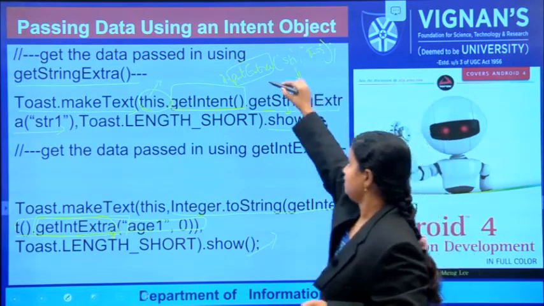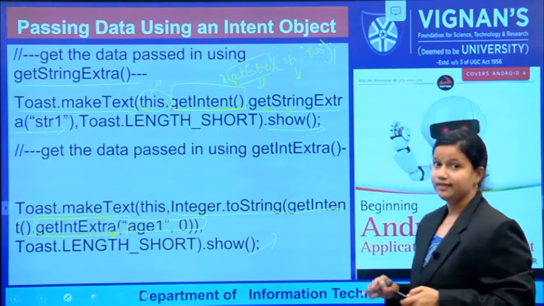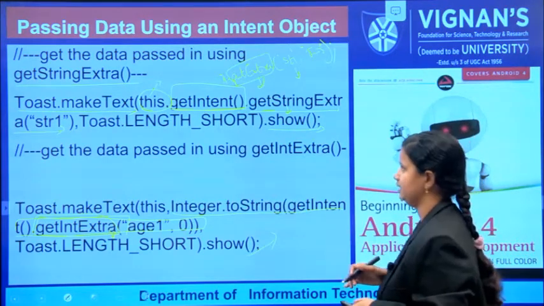That is at the time of using the putExtra method. But if you are using putExtras, that means when you are using a bundle object, how do we get the details?